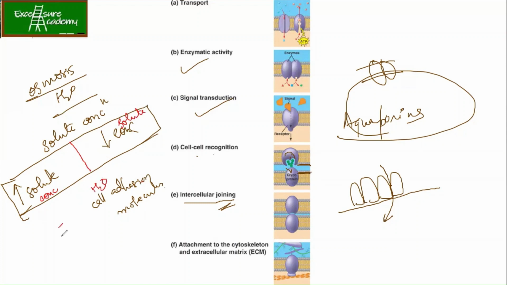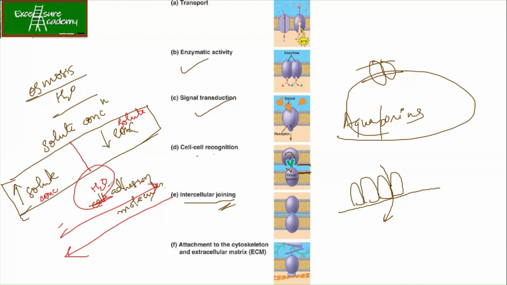From high to low in this direction, or from low to high? Now from higher to lower. No. When water is there, I'm asking the direction of the water, right?